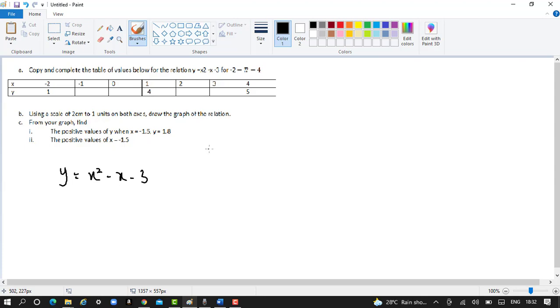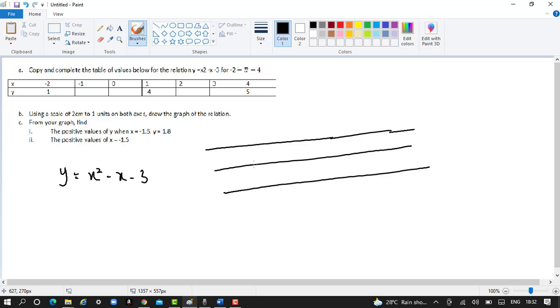If we were to have our table drawn like this, we have our x values to be -2, -1, 0, 1, 2, 3, and 4.